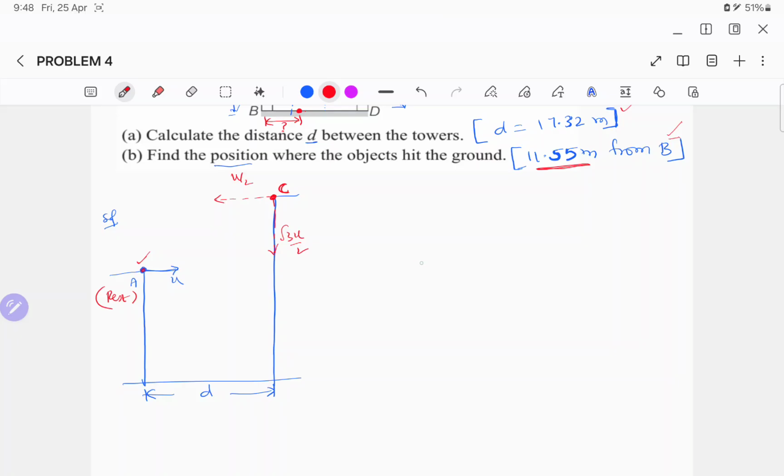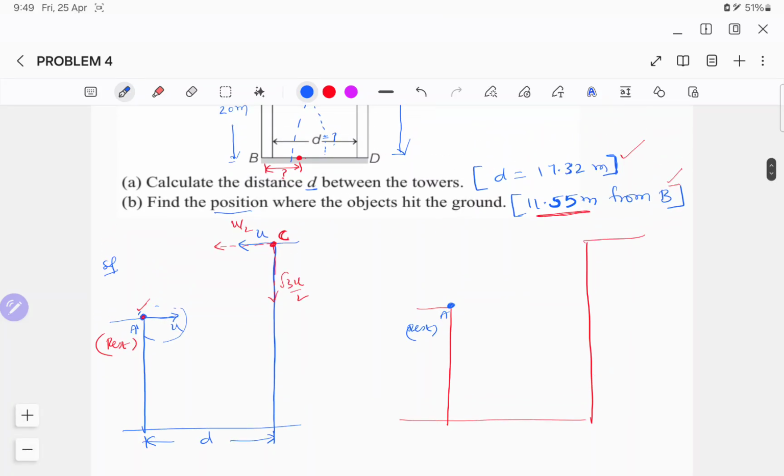So in the next diagram, this particle at A is relatively at rest, so this u is added to the observer in the opposite direction, so that it feels that the particle at C will have 3u by 2 horizontal vector and root 3u by 2 downward vertical vector.